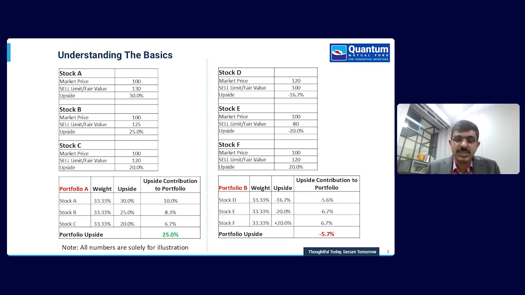So in this case, stock A can help the portfolio to have an upside of 10% over the forecast horizon. Similarly, when you add up the upside of individual stocks in the portfolio, you would end up getting the portfolio upside. As you add up the individual upside of every stock, you come up with a portfolio upside of about 25%.